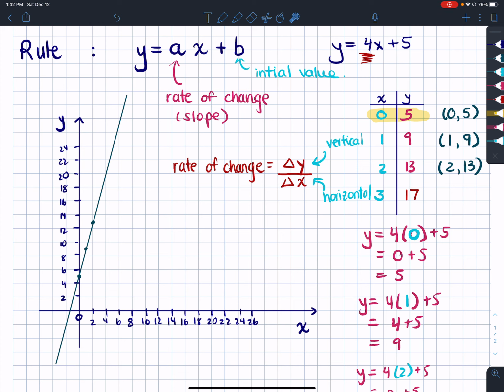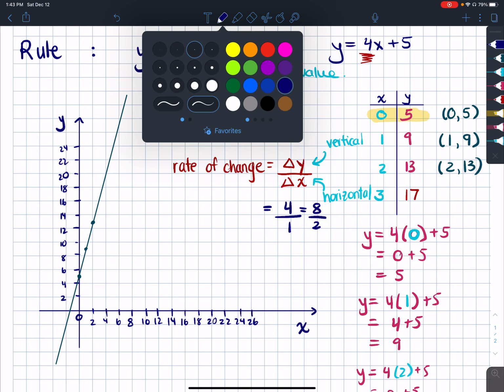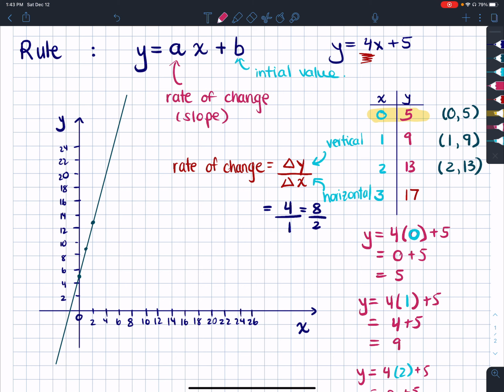The most reduced fraction, I should say. So here we're saying 4. We do mean 4 over 1. And that fraction is equivalent to 8 over 2, because if you multiply the top and the bottom by 2, you get 8 over 2. So these two fractions are equivalent.